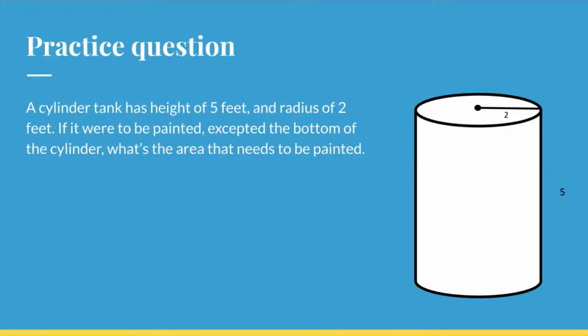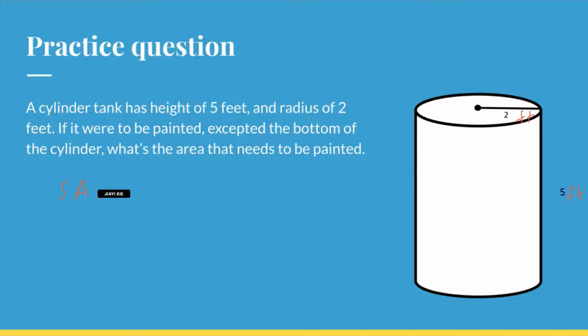A cylinder tank has a height of 5 feet and a radius of 2 feet. If it were to be painted except the bottom of the cylinder, what is the area that needs to be painted? So we have to solve for the surface area, but we have to remember that we're not going to paint the bottom, so we have to leave out the area of one circle.